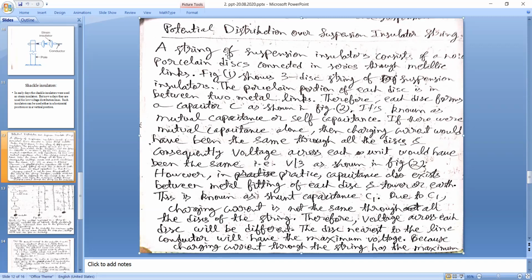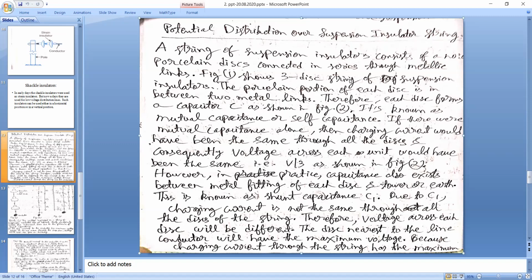A string of suspension insulators consists of a number of porcelain discs connected in series through metal links. We already know that in a suspension insulator string, we have a number of porcelain discs connected in series via metal links. Figure 1 shows a 3-disc string.